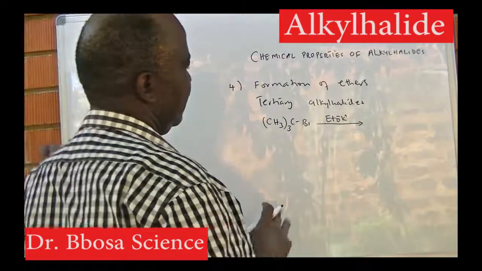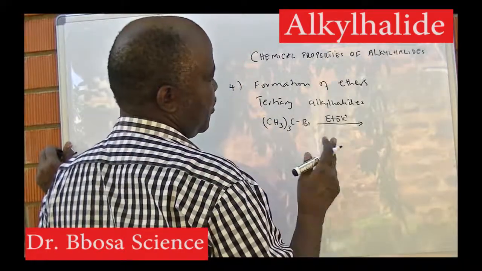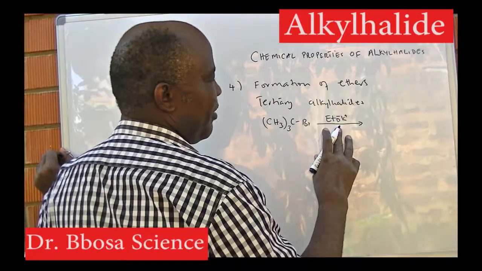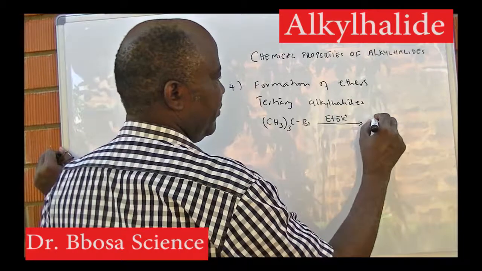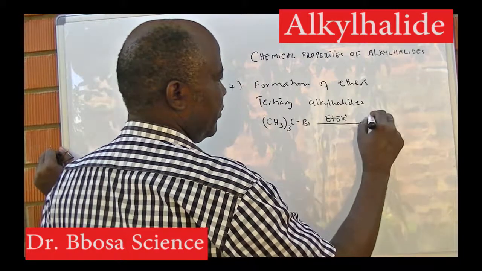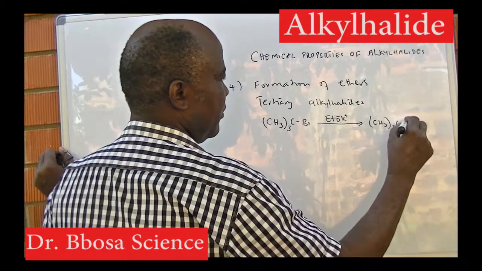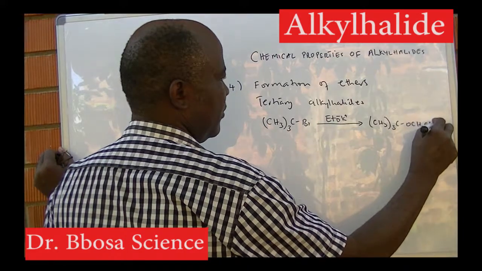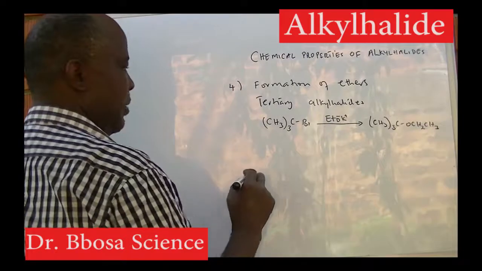Alkyl halide. Example: 2-bromo-2-methylpropane will react with potassium ethoxide to form the product, then the mechanism.